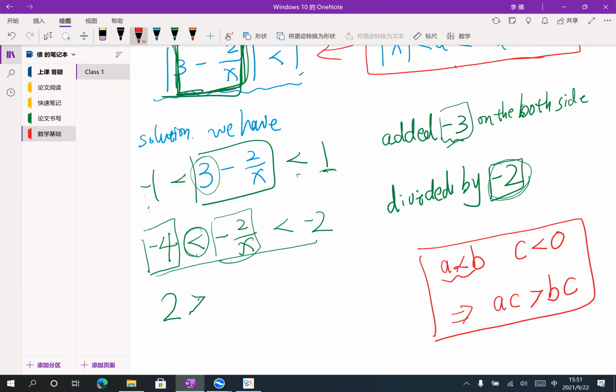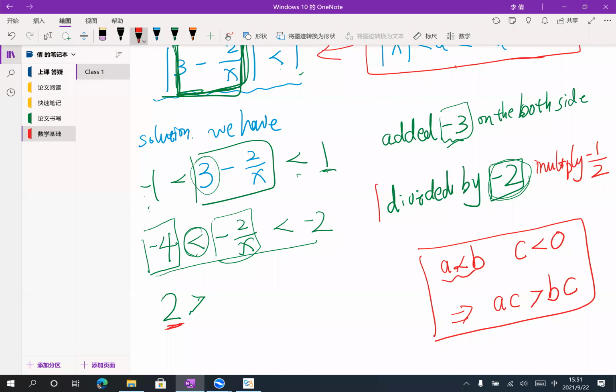And if we divide by negative 2, it means we multiply by negative 1 over 2, right? Divided by negative 2 means multiplied by negative 1 over 2. If we multiply by negative 1 over 2, then this is 2.